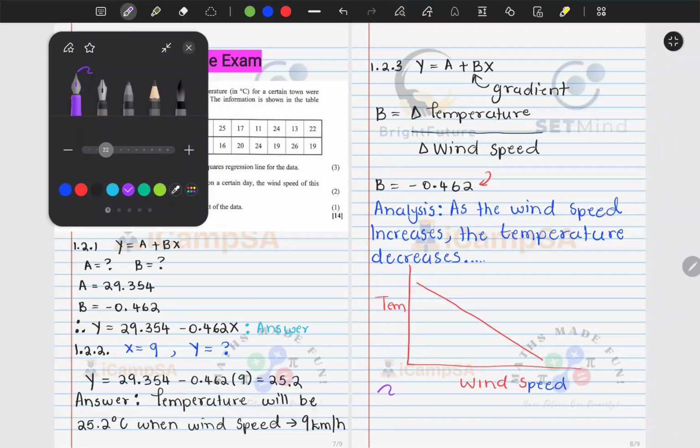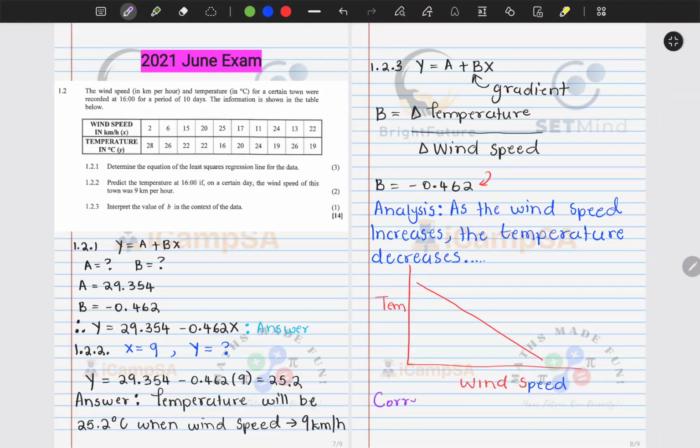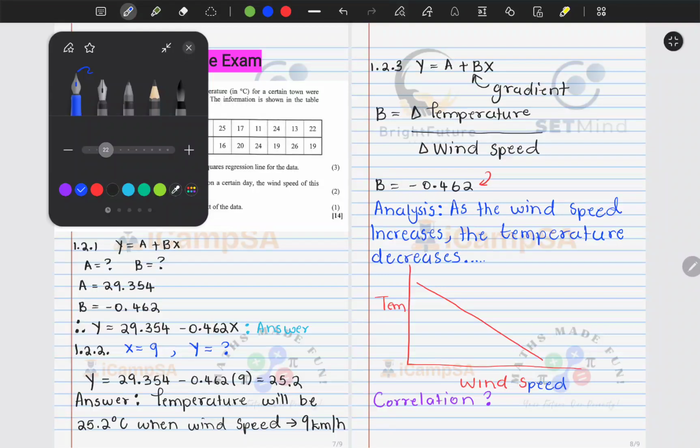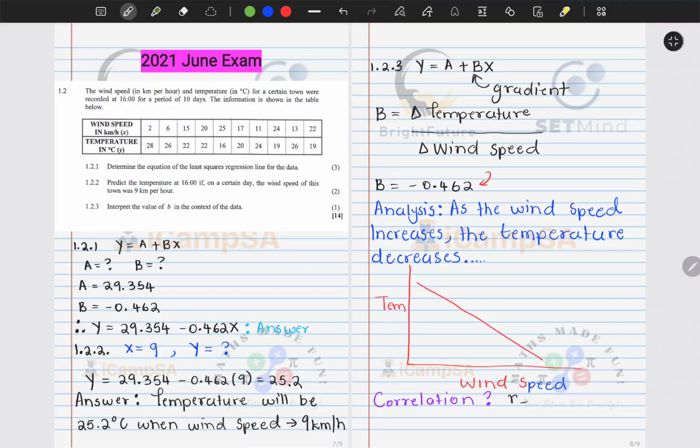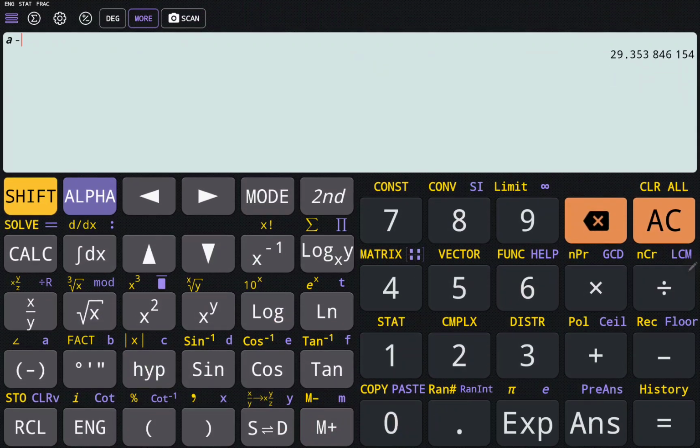But what I want to do also is to look at my correlation and quickly describe it. So how is our correlation for this data here, R? So what I'm going to do, I'm going to quickly go to our calculator and retrieve our R. Very simple exercise. So there we go. We have 0.93.